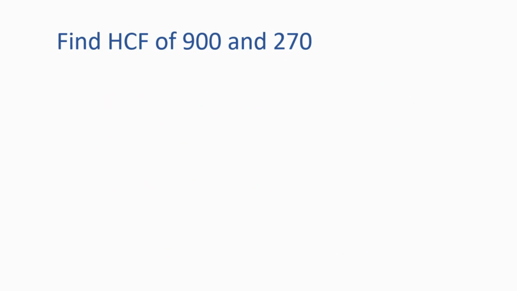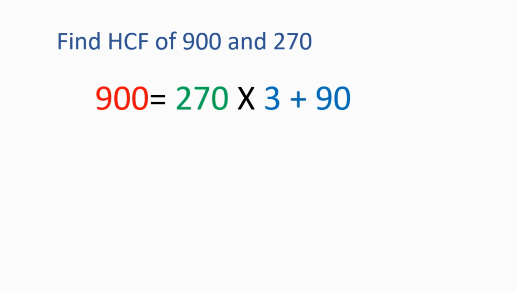Okay, now find HCF of 900 and 270. So how will you start? 900 equal to 270 times 3, which becomes 810 plus 90. 270 times 4 will become bigger, that's why 3. Now what will we take? Yes, this one, 270. You understood rightly. 270 equal to 90 times 3 plus 0.